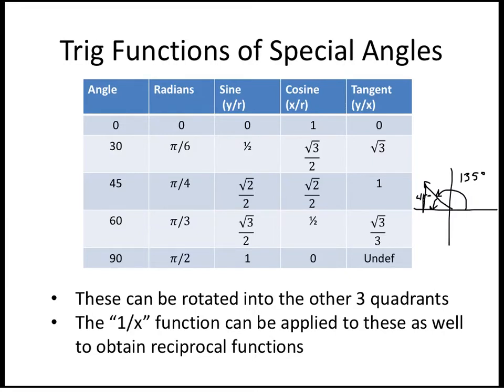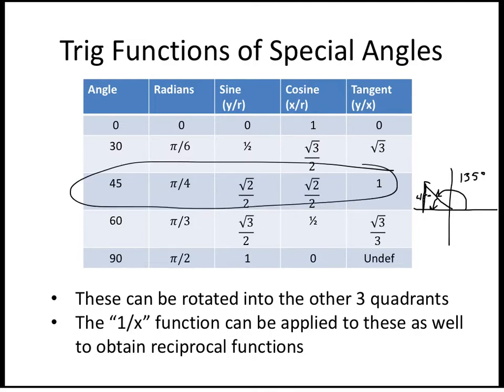So I can use a 45, 45, 90 triangle to measure that 45 degrees, okay? And I can use these numbers for sine, cosine, and tangent, but recognizing that they are going to be in a different quadrant, their values will change a little bit, okay?